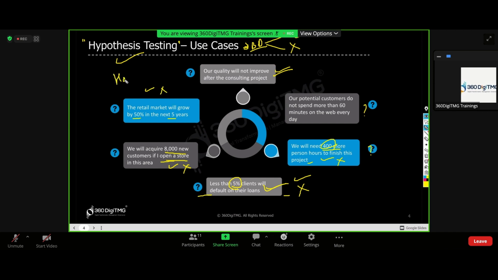Should I not take any action or should I go and take an action? This is something that will help us to take business-related decisions. So these are the use cases of hypothesis testing when it comes to business decisions.